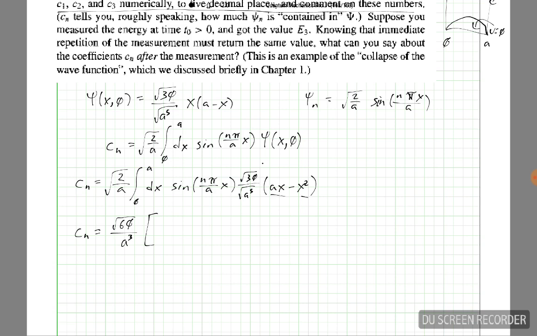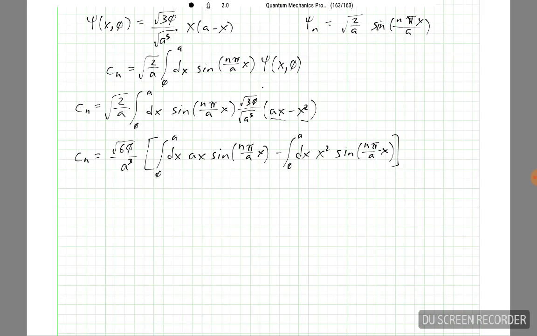Now that's going to be multiplied by our first integral from 0 to a dx, and that's going to be ax, so I could have written the a on the outside, sine n pi over a x, minus the integral from 0 to a over x of x squared sine n pi over a x. Now when I was first doing this, I just kept making like a sign mistake.